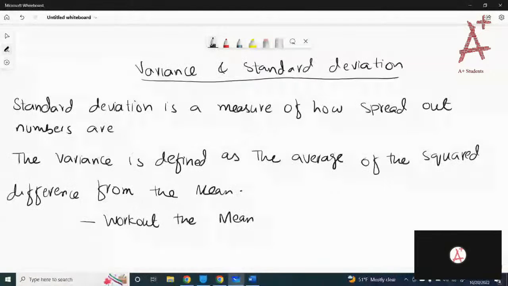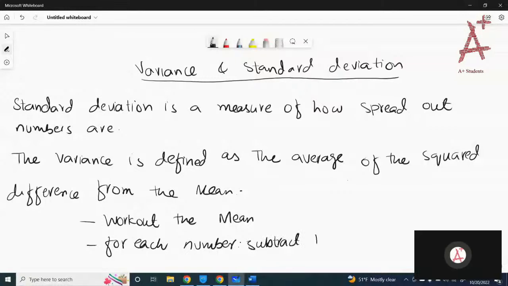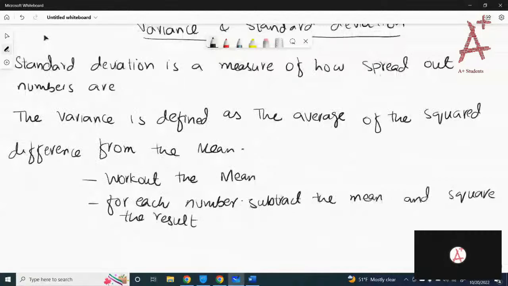Then for each number, subtract the mean and square the result. Then work out the average of those squared differences. Got it? These are the three steps we have to follow to find the variance of the data.